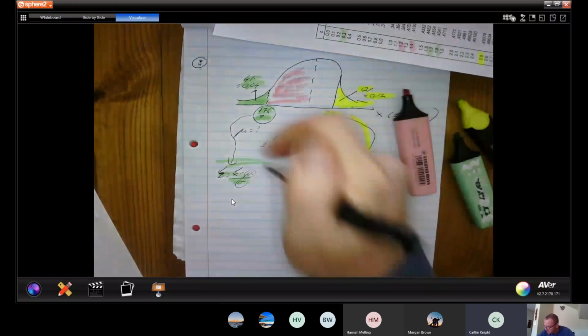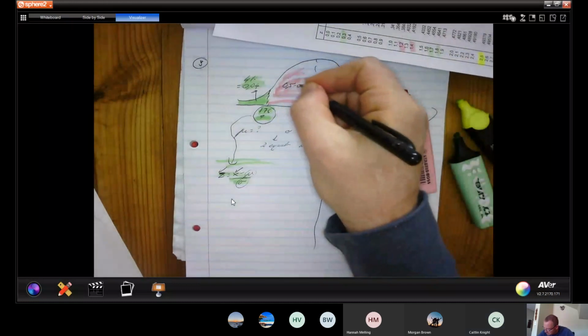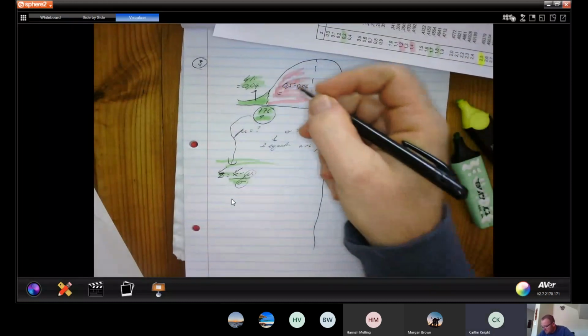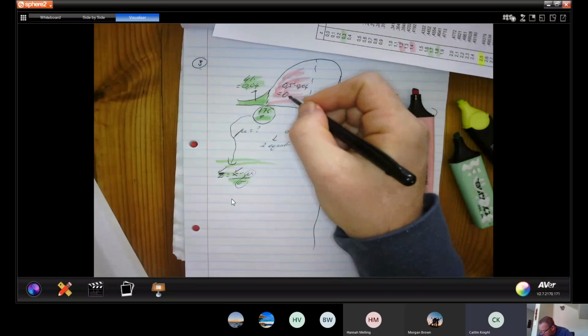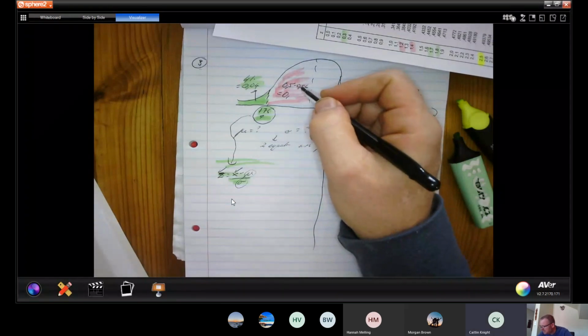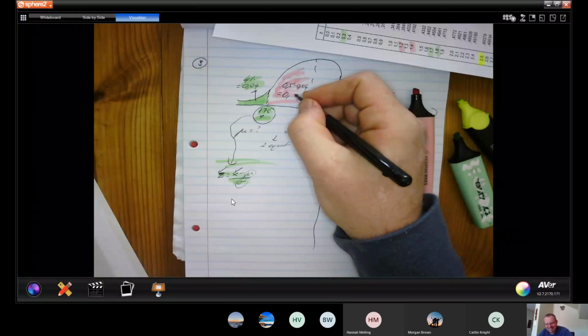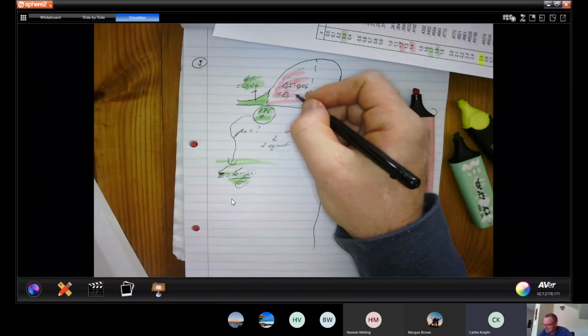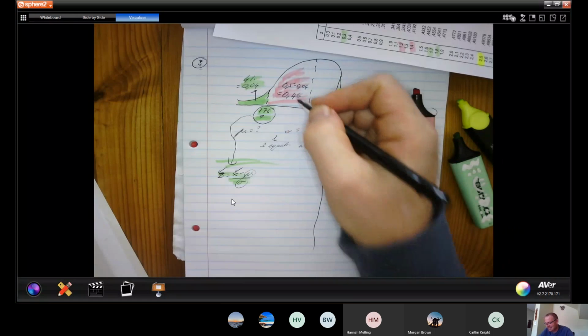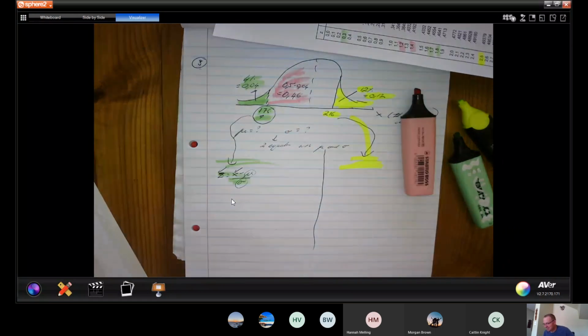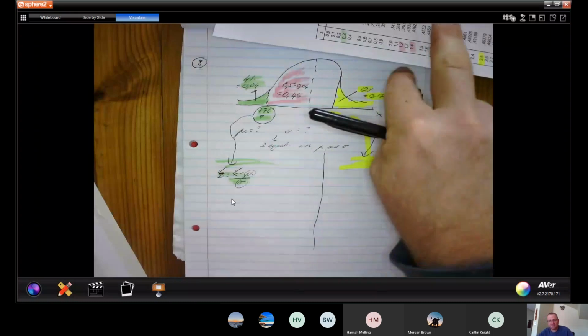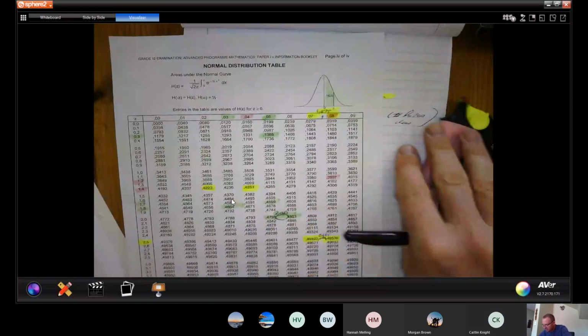So that's 0,5 minus 0,04, which is equal to 0,46. Okay. So that's 0,46. Right. Okay. So now I'm going to have to go to the table and find an area of 0,46 and then find the associated z score. So let's try to do that.